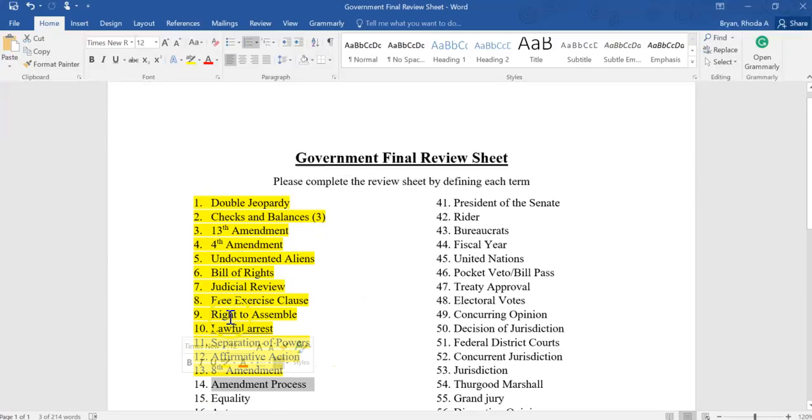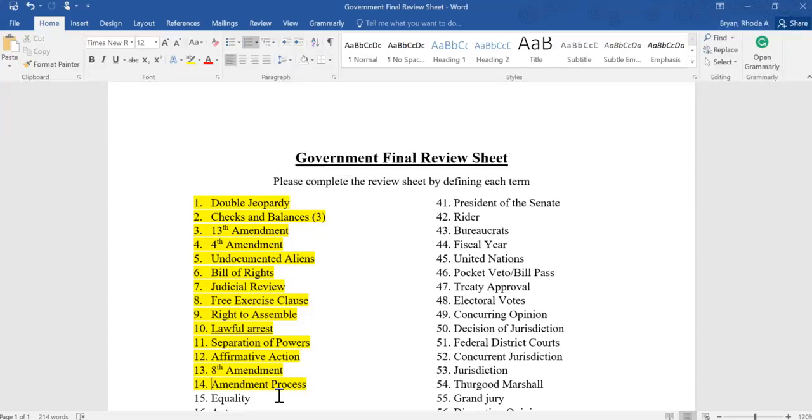Amendment process. This one can be a little bit more confusing. Once a constitutional amendment has been ratified, meaning it's a law, it can only be changed in one way, and that's by another amendment.